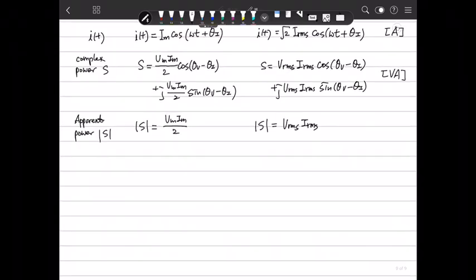Then we can represent the active power. In the case of sinusoidal, active power or average power or effective power are the same variables. In Korean it is 유효전력.